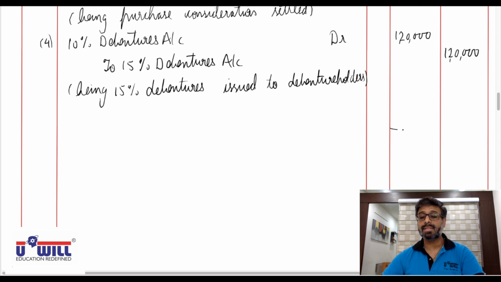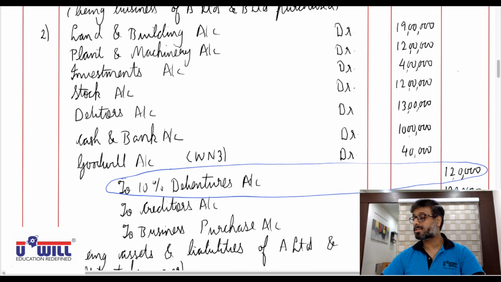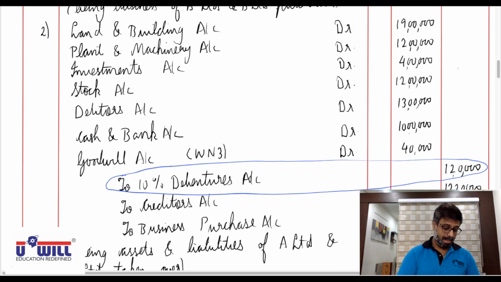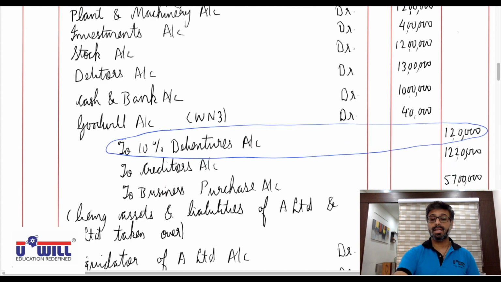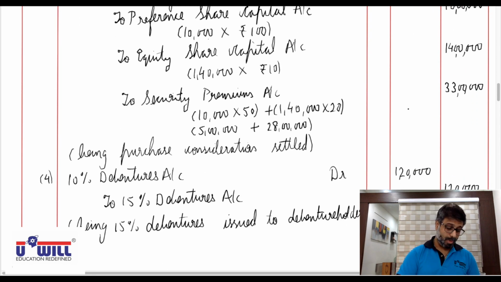So all the entries are passed in the books of transferee company. The total of journal: 57 lakhs plus 19 lakhs plus 12 lakhs plus 4 lakhs plus 12 lakhs plus 13 lakhs plus 10 lakhs plus 40,000 plus again 57 lakhs plus 1,20,000.